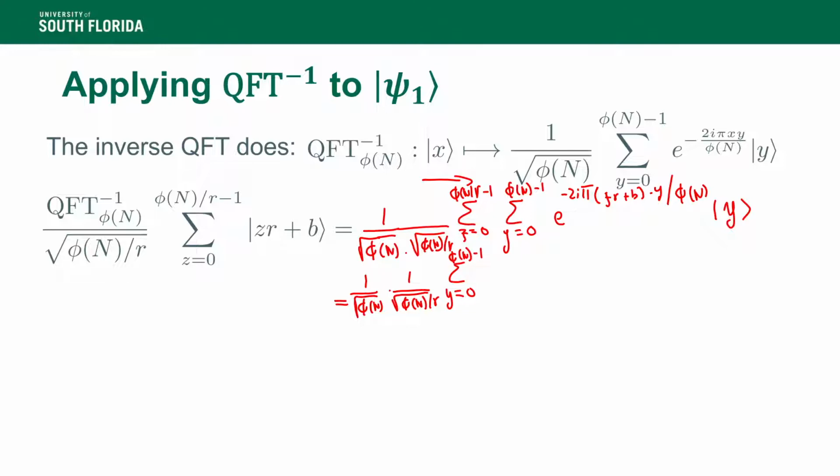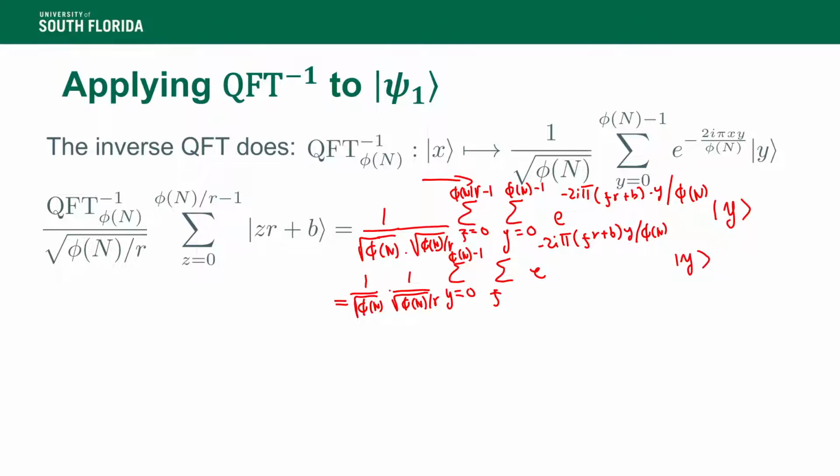And now we sum over the z's. I'm just going to say sum over z here for the sake of space, and now exponential minus 2i pi times zr plus b times y divided by phi of n.